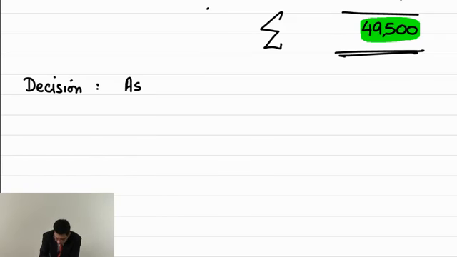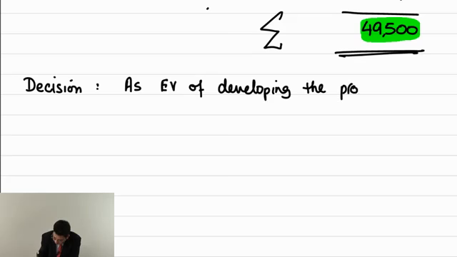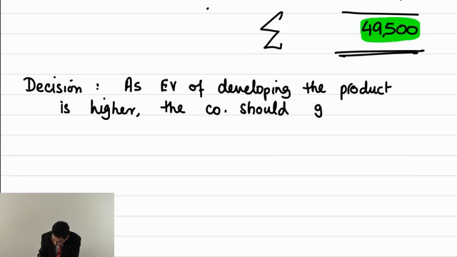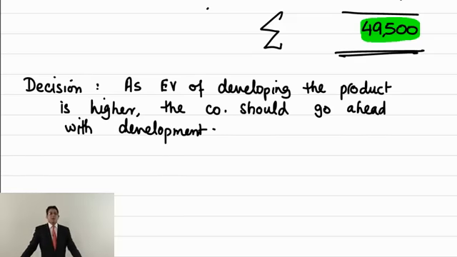As expected value of developing the product is higher than that of non-development, the company Seven Trees Limited should go ahead with the development.